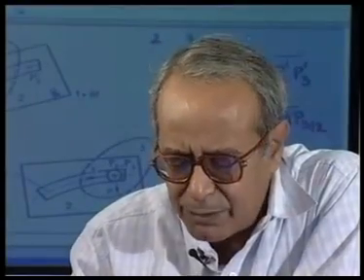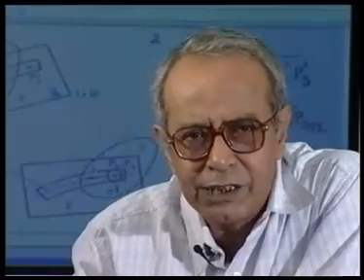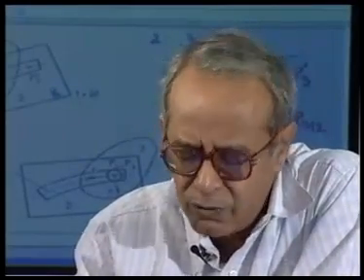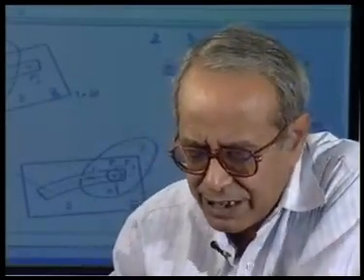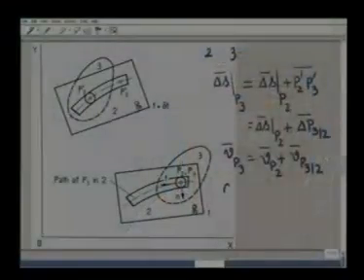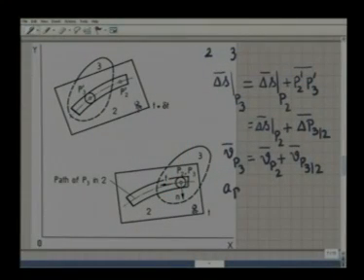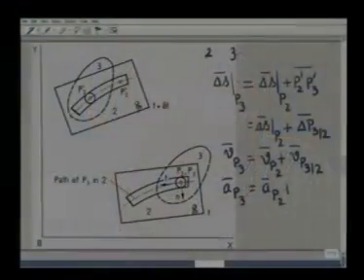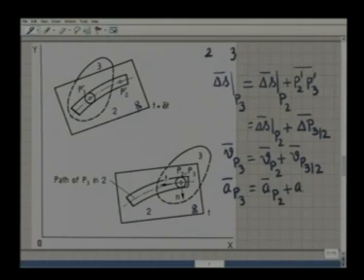Common sense intuition might suggest that a similar relationship will also hold good for the acceleration of these two points, that is, the acceleration of the point P3 is the acceleration of the point P2 plus the acceleration of the point P3 as measured by an observer attached to body 2.